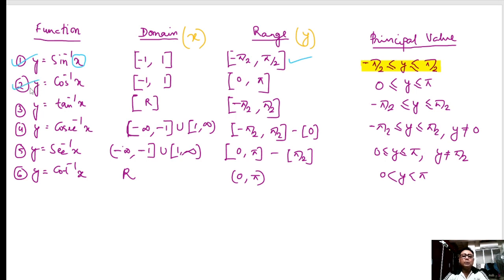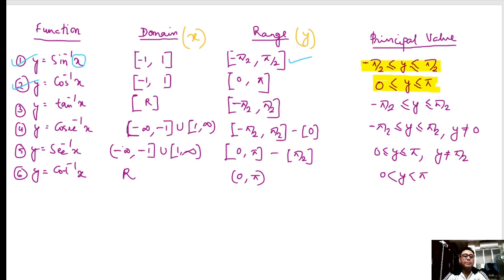Next is, for y equal to cos inverse x, we can put x values from -1 to 1, and the principal value which we will get is from 0 to π. Please keep a note of this.